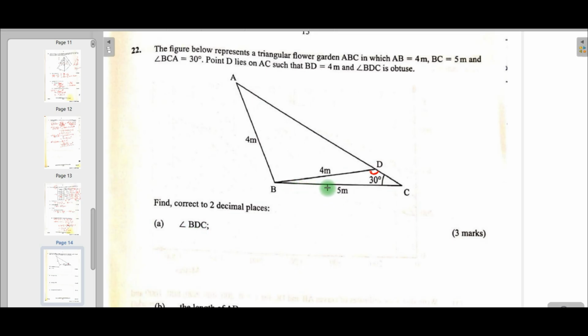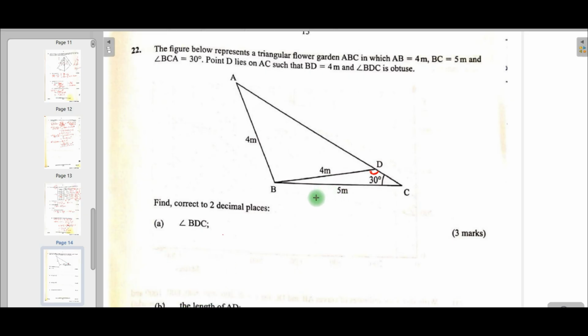So for angle BDC, I'll consider triangle BCD, where I have this side opposite to angle D, and the other side opposite the angle, that is 4. Therefore I'm going to use the sine rule.